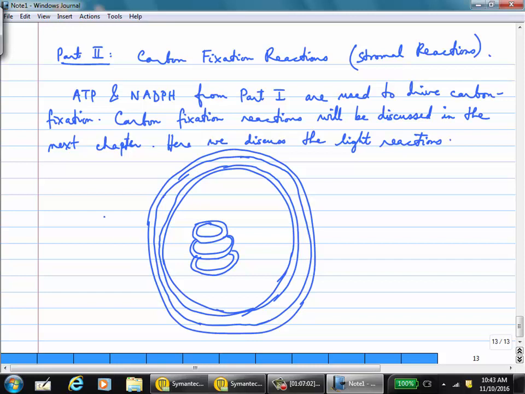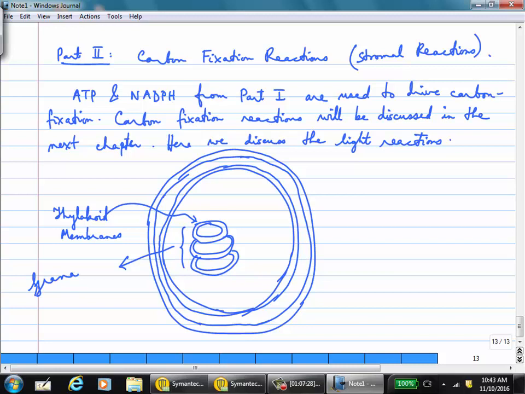These are called the thylakoid membranes. You'll have many of these stacks inside the chloroplast. This stack has a name. It's called the grana lamella.